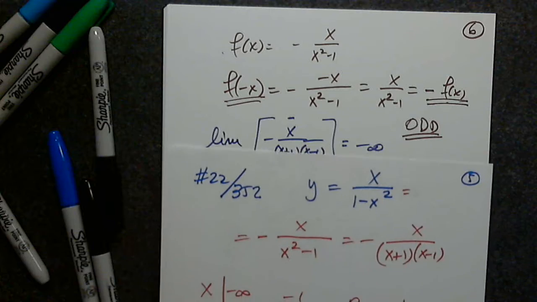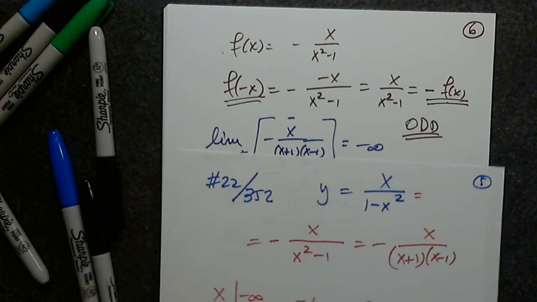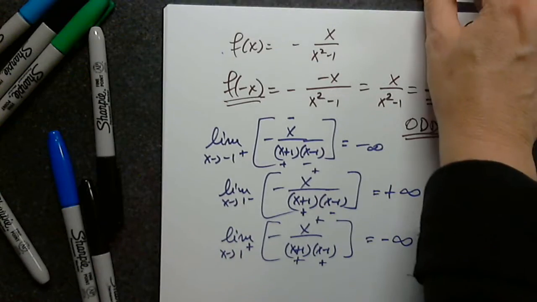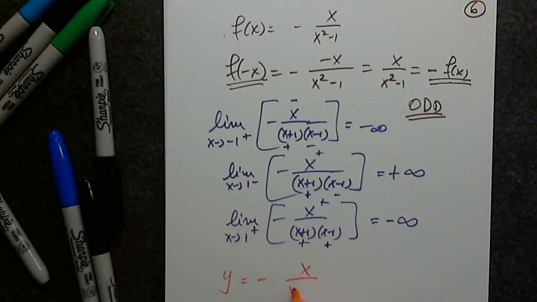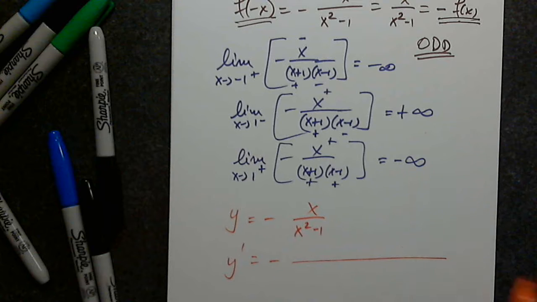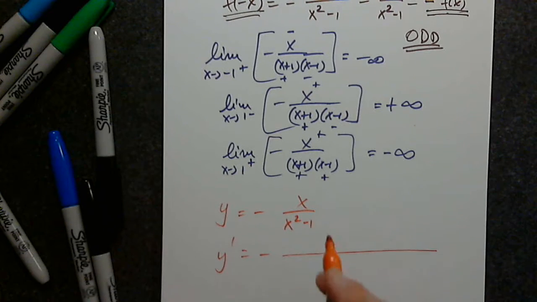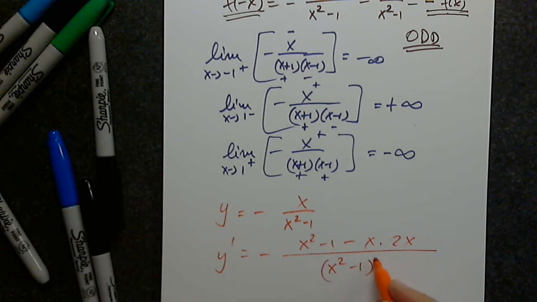Now when I determine the derivative, I prefer this, not this. Of course, this. So I'm going to copy y equals negative x over x squared minus 1. And then y prime equals negative the ratio: the top prime is 1, times x squared minus 1, minus x times the denominator prime, over the denominator squared.